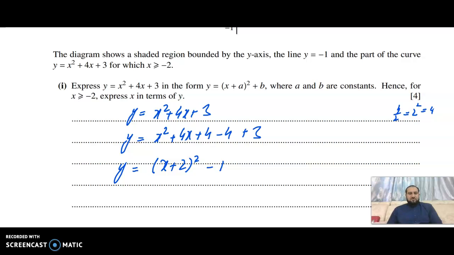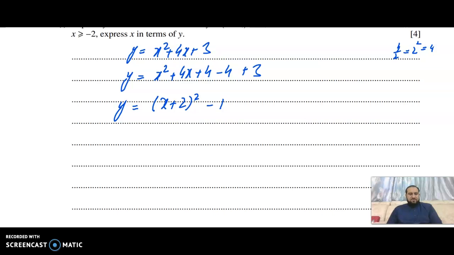So now we wrote y in the form of y is equal to x plus a whole square plus. So then it says hence for x greater than or equal to minus 2, express x in terms of y. So that means y plus 1 is equal to x plus 2 whole square.